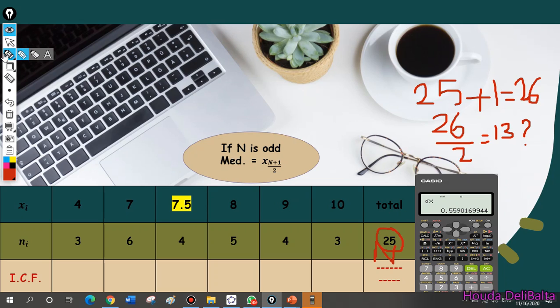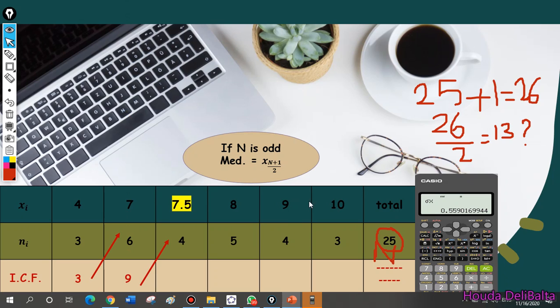So let's continue. First of all, we have to complete the ICF table. Remember, it's like this. We get this number here and then we start adding. 3 plus 6 is 9.